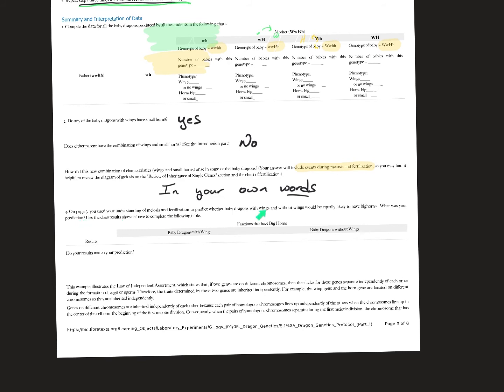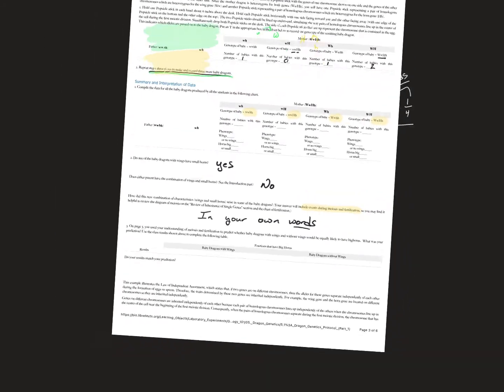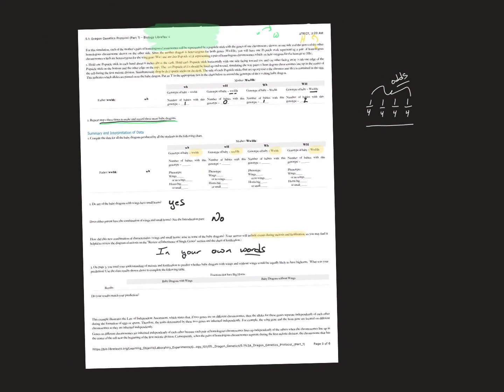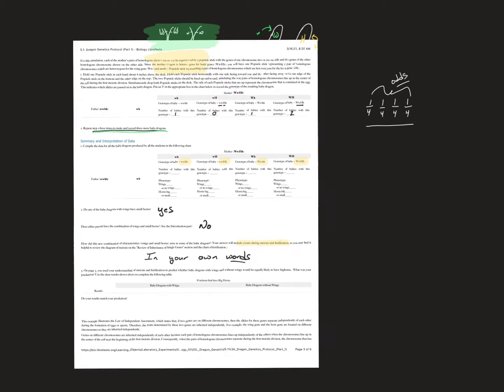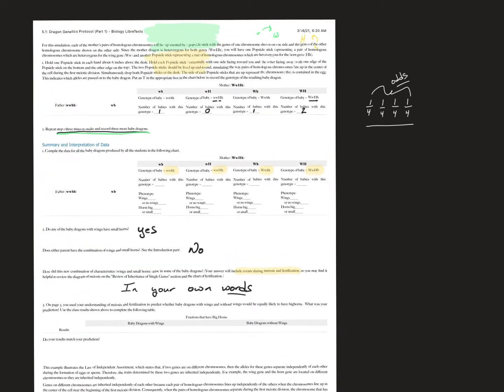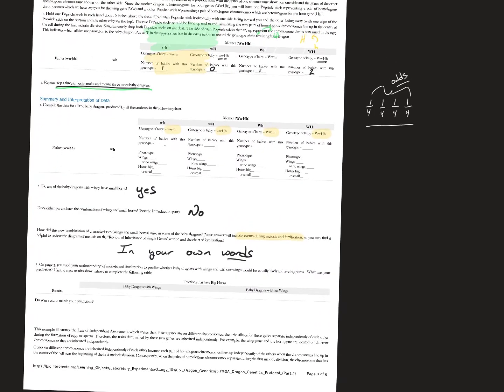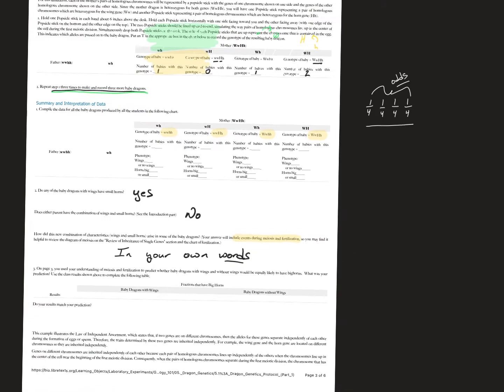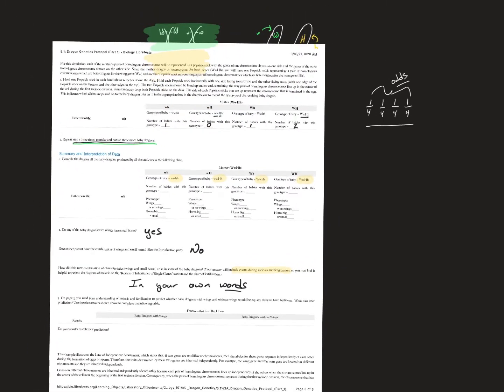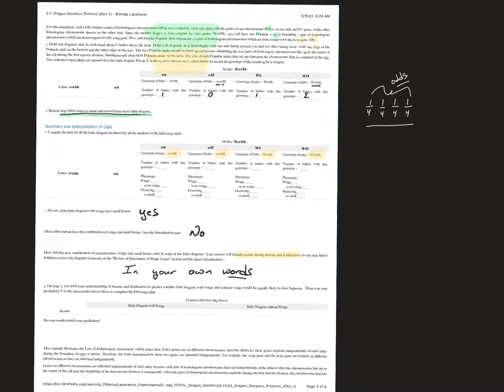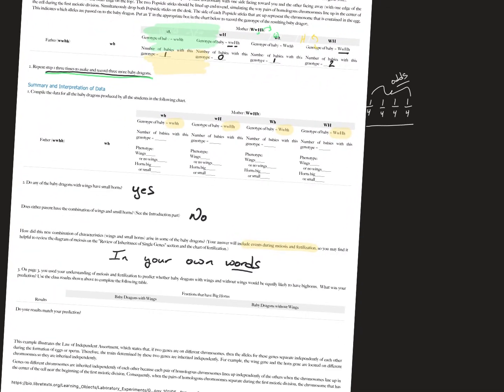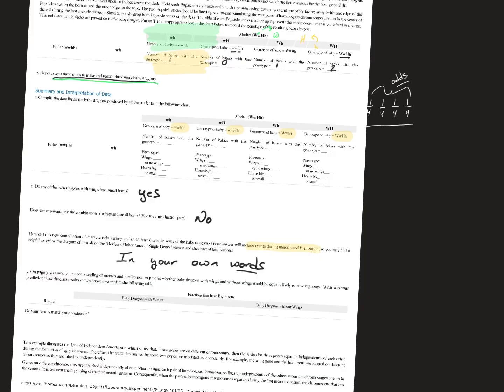Didn't you have to predict? You predicted it. I'd say yes. On page 3, the last dragon with wings had big horns, and then the last dragon with no wings also had big horns. So I'd say yes.